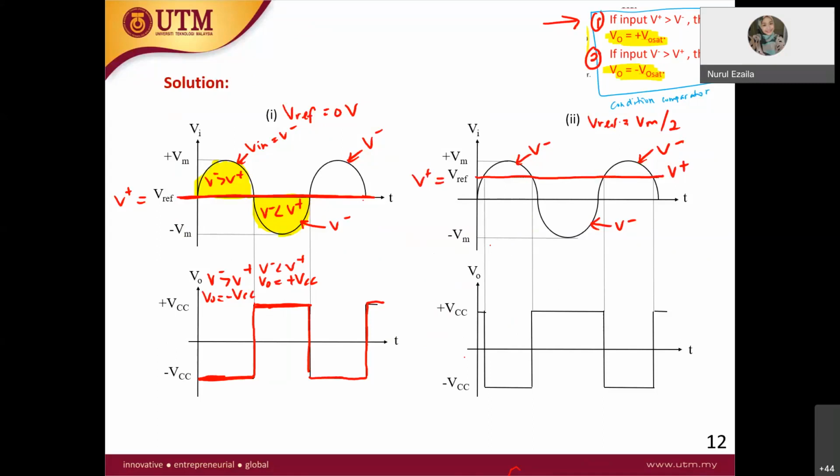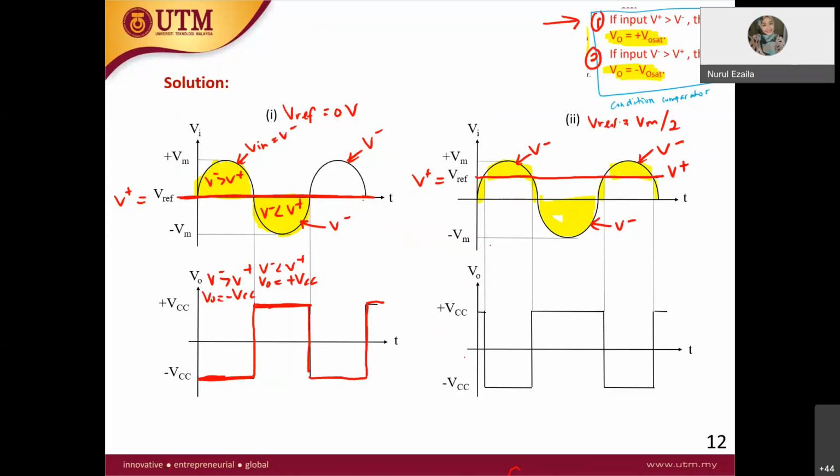So now, instead of just one, as you can see here, you have this one, and also this one, and also this one, and then this one, and this one.